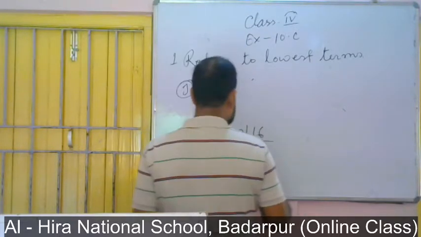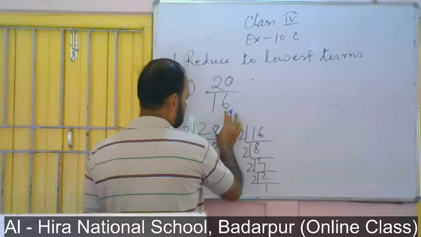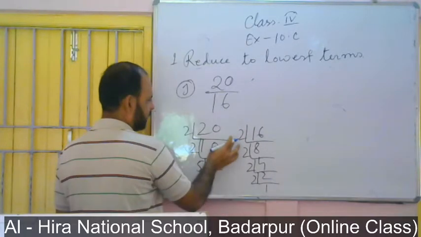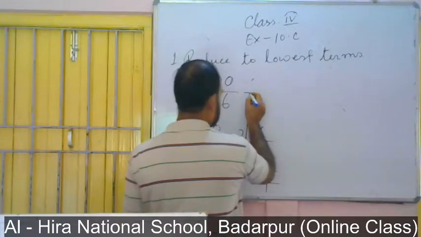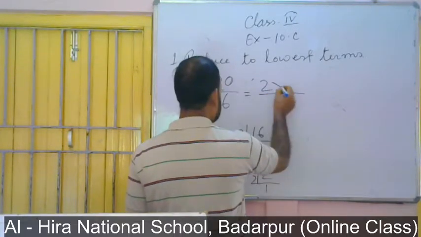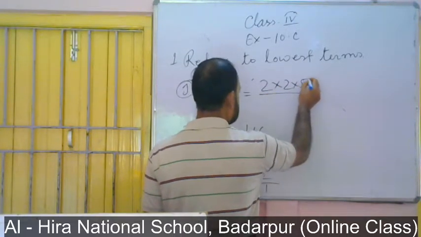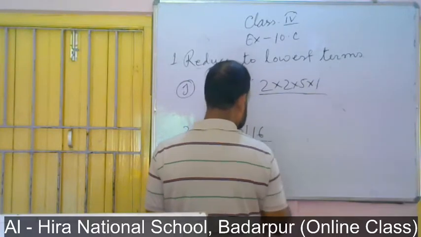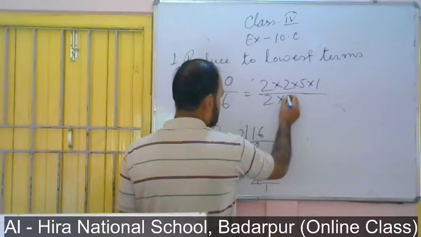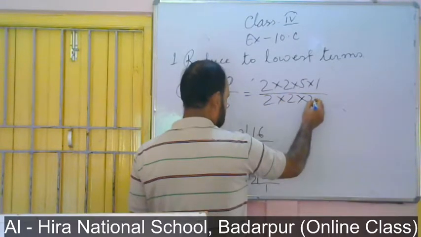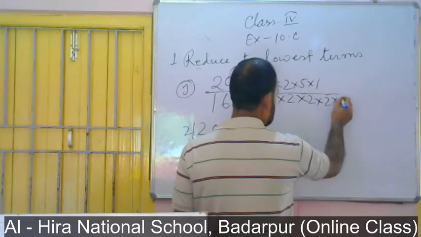Now the prime factors of 16 equal to 2 into 2 into 2 into 2 into 1.